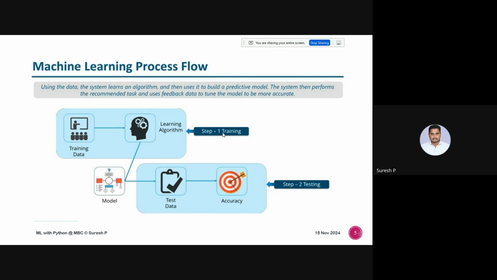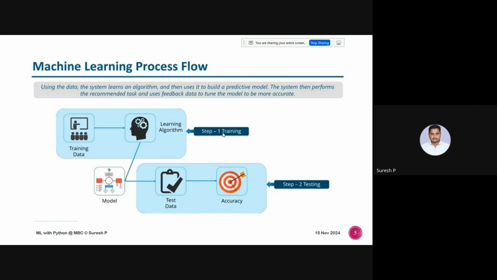In machine learning concepts, there are two phases. One is the training phase, another one is the testing phase. In the training phase, the learning algorithm will learn from the training data. Whenever we have a data set, the algorithm will learn from that data set. So that is called training data.